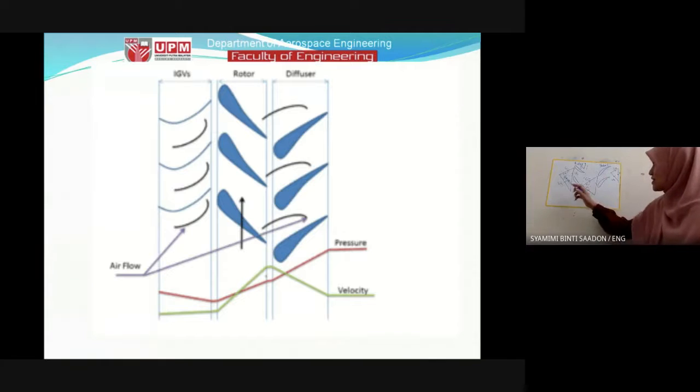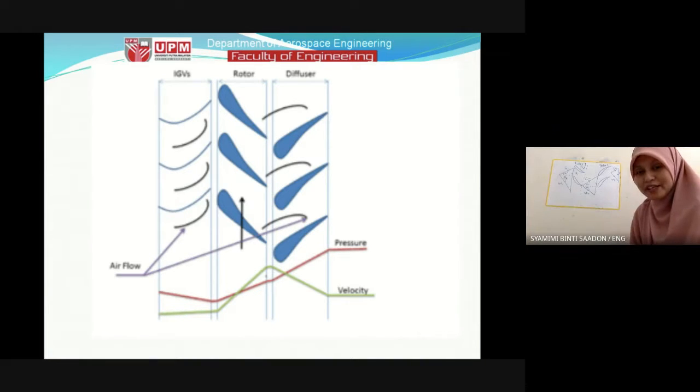So this is an example of a single stage of a compressor, with rotor and stator. Remember, I explained in the lecture, the rotor is the one which is rotating. The blade of the rotor rotates, so it has kinetic energy because it's moving.